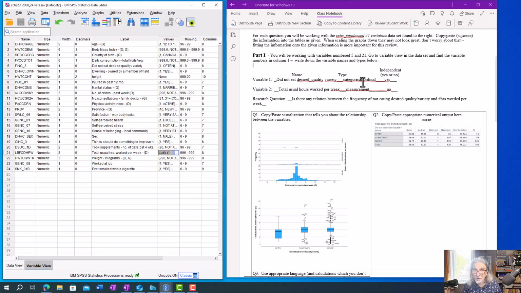So we have a measurement versus categorical. And when we have that situation, always the categorical variable is the independent variable. So total number of hours worked is dependent on whether you had the desired quality variety of food. That's the way we frame the research question.